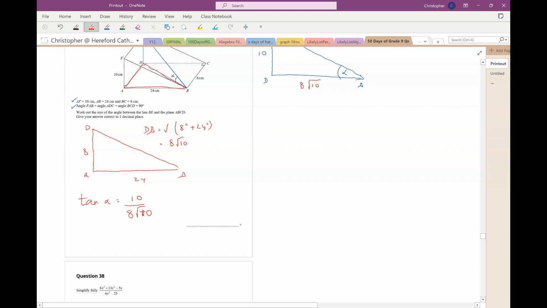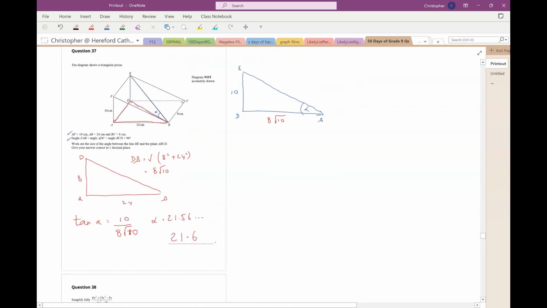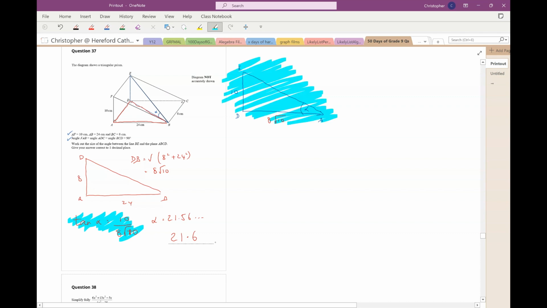So on my calculator, I use the fraction 10 over 8 root 10 equals, shift tan, and I get alpha is 21.56, and so on. I asked it for one decimal place, so 21.6. When I was doing this bit here, I was using this right-angled triangle here. So I hope that was okay for you. And that's question 37 finished.